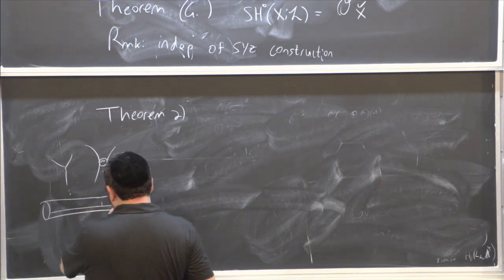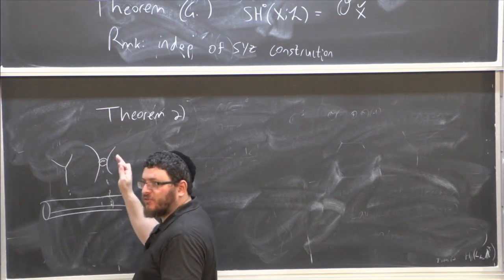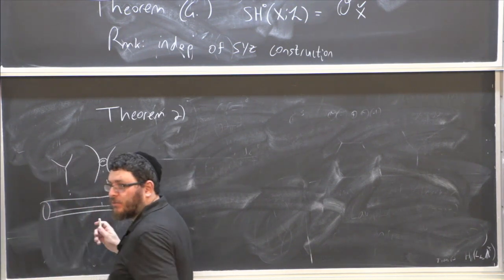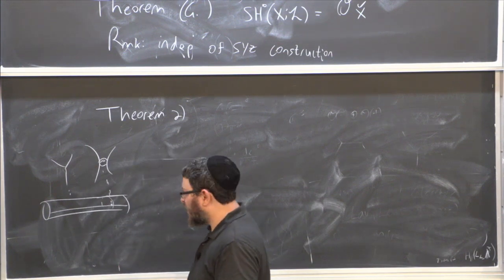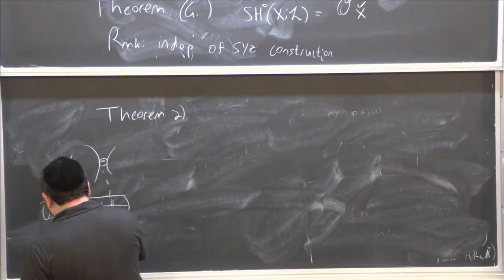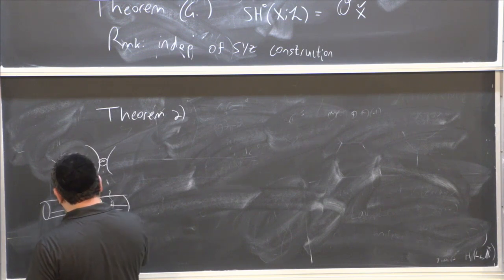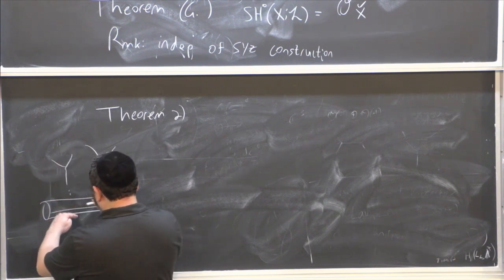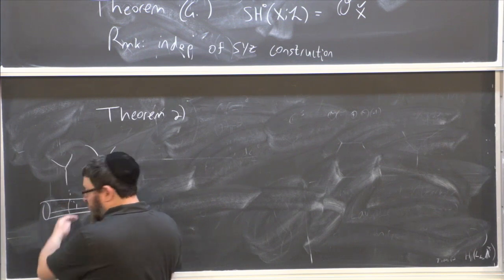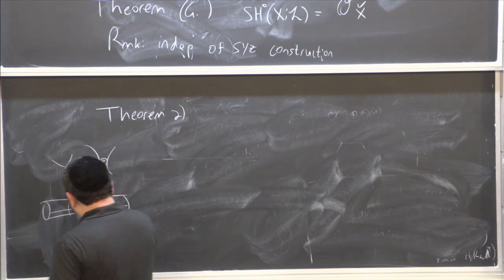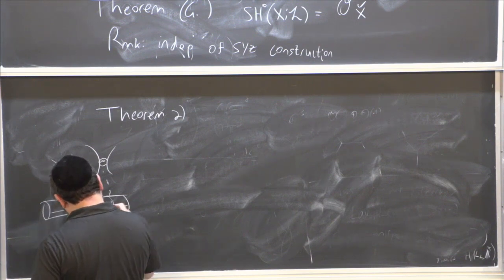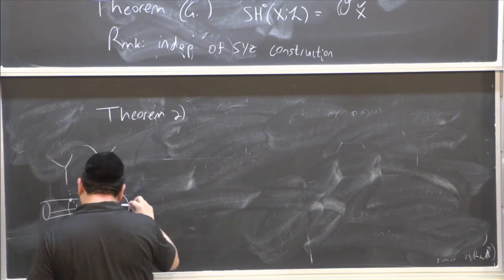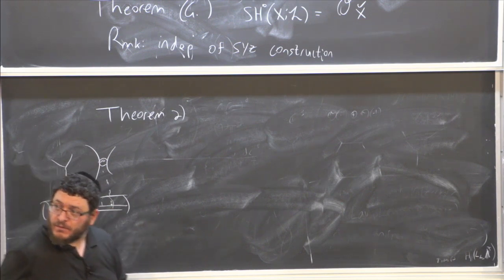I pick a Lagrangian section for this fiber, and then I parallel transport along this. I get a Lagrangian section, if I'm careful to not go through this singular fiber. So I should be careful that when I hit this singular Lagrangian, this line doesn't go through that singular fiber.